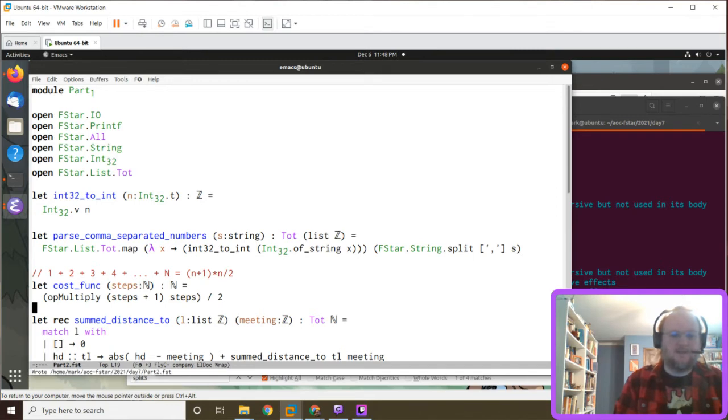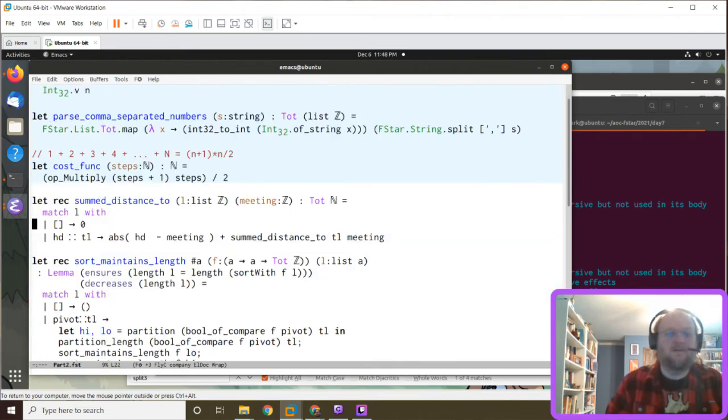Multiply. So this becomes the cost function.